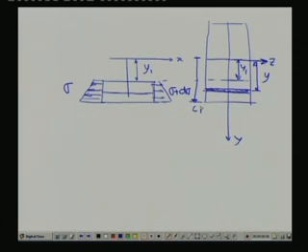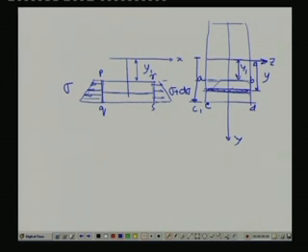Now, we are interested in finding the total normal force acting onto this area A, B, C, D. Suppose we consider this face as PQ and this side as RS. What is the force on this PQ side?